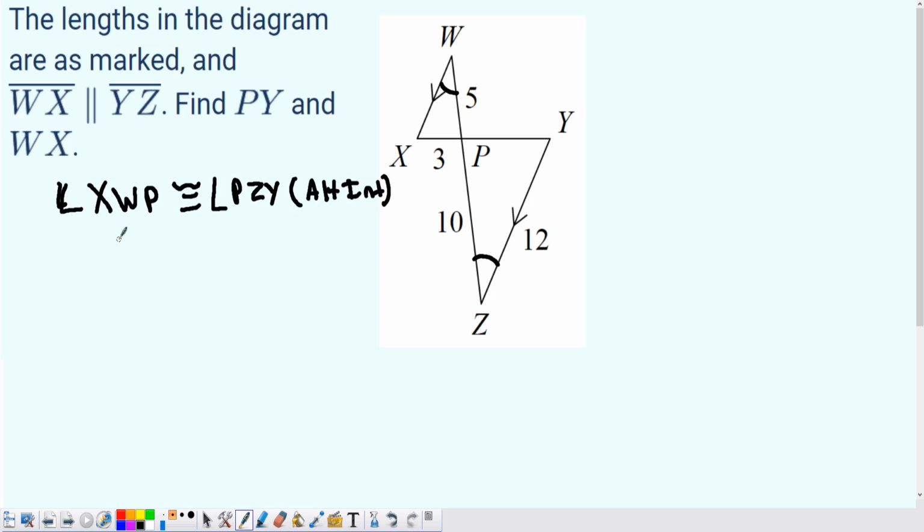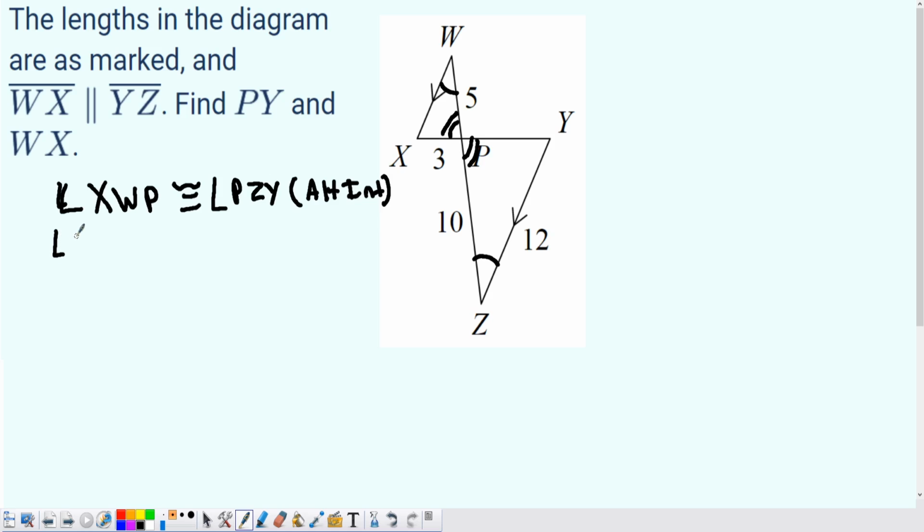Well, to get away from all the parallel line stuff, you could still use it, but I'm just going to note that this angle XPW and the angle here YPZ are the same because they're vertical angles.